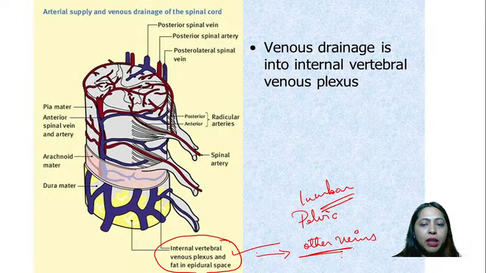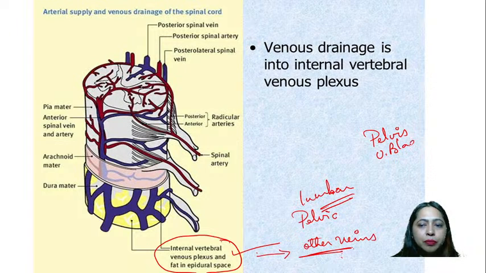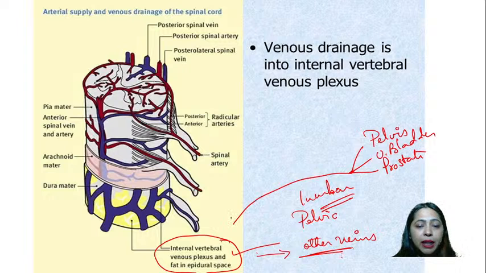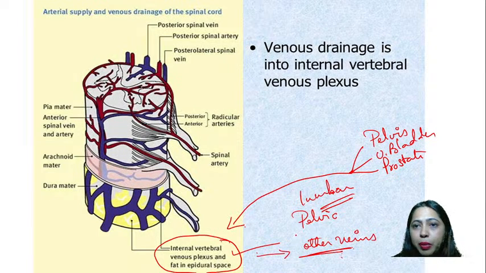Here there are so many veins that drain from the pelvis, urinary bladder, and prostate. All these veins carry their contents, and they communicate with the internal vertebral venous plexus.